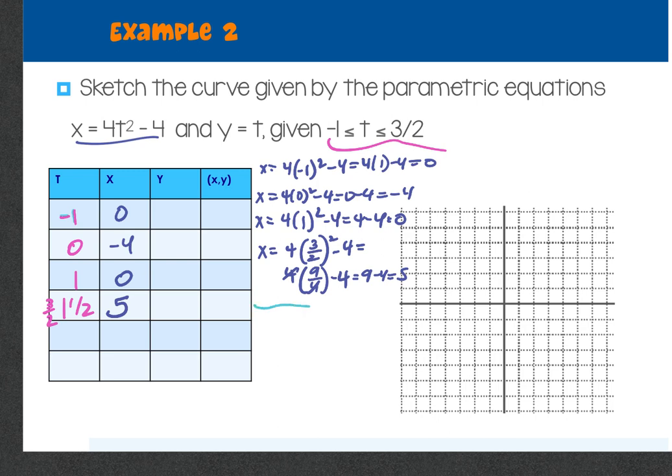Then I'm going to repeat that whole process with the y equals. So y equals t, there's no plugging in. It's literally what t is. Y would equal -1, 0, 1, and then 1 and 1/2, or 3/2. My x-y combinations would be (0, -1), (-4, 0), (0, 1), and (5, 1 and 1/2).